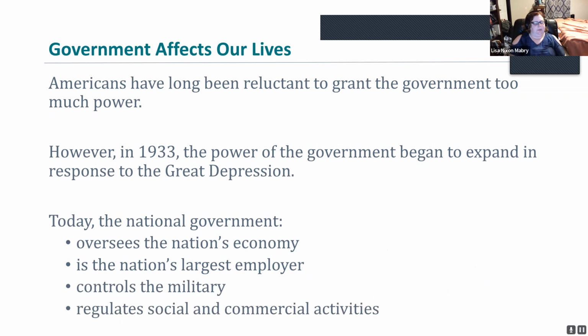Like I said before, we as a society are not keen on trusting the government. Therefore, we've been really afraid to give a lot of power to the government. We will talk about this in a ton of detail in a future chapter, but as a quick note, in 1933, with the Great Depression, you guys are pretty familiar, I would hope, with the Great Depression. A lot of stuff went wrong with the economy. A large percentage of people were homeless.